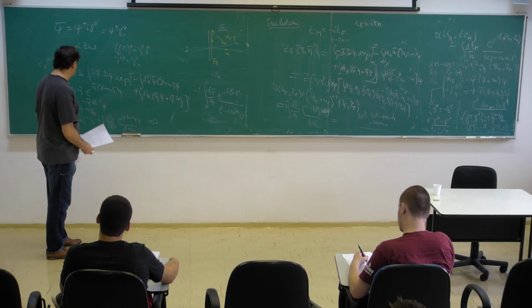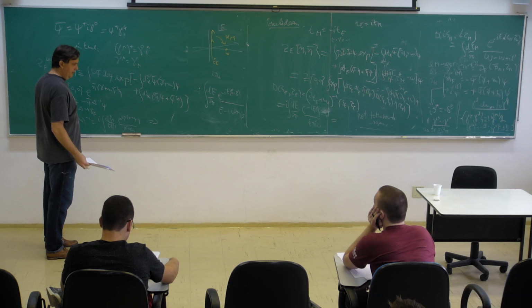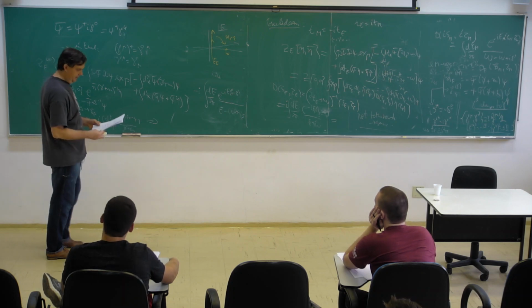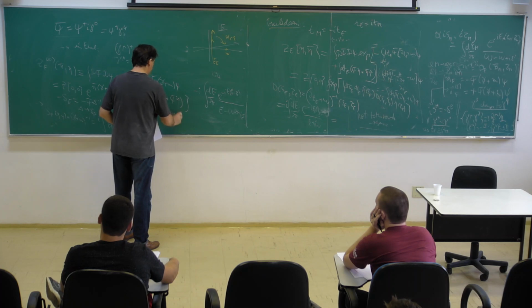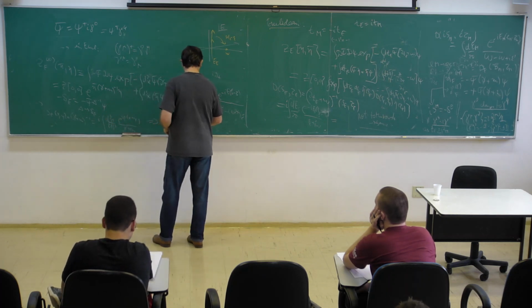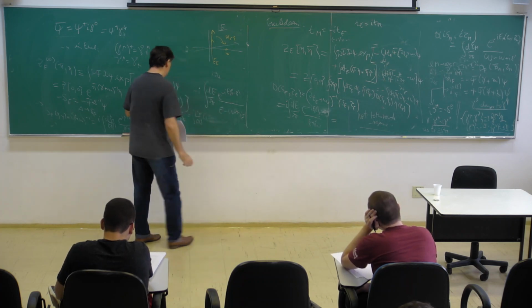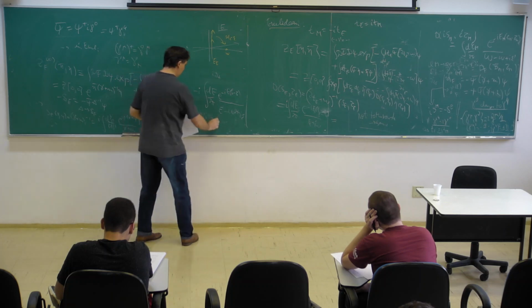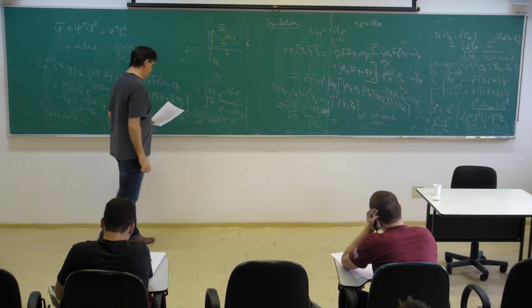Right. So this thing really means that this is a Green's function, right? So d slash plus m on S_F should give me a delta function. So d slash plus m on S_F, the integral d4p over 2 pi to the 4. Then inside, here I have e to the i p (x minus y), right?